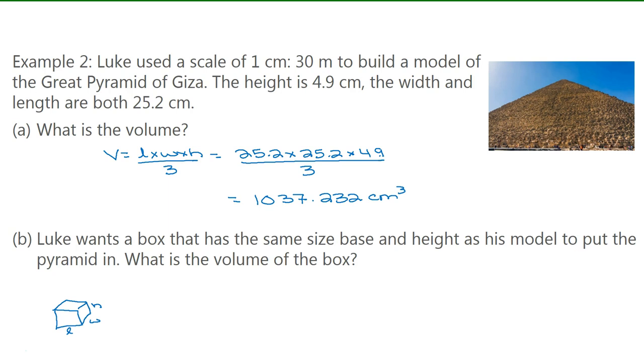We can just use the relationship that we learned in the video: 3 pyramids is equal to 1 prism. So if I take the volume of the pyramid, 1037.232, and multiply that by 3, that will give me the volume of the prism. So that is 3,111.696 centimeters cubed.